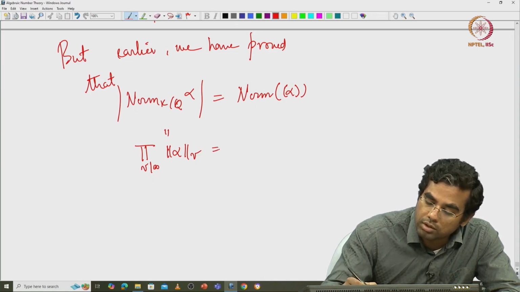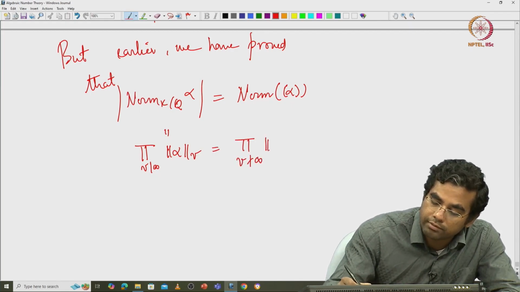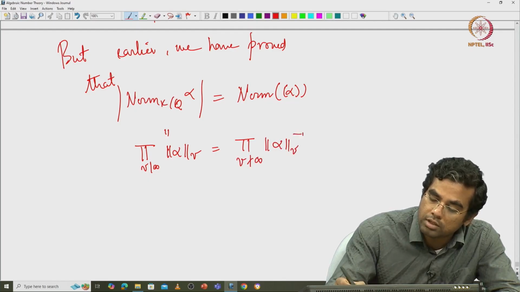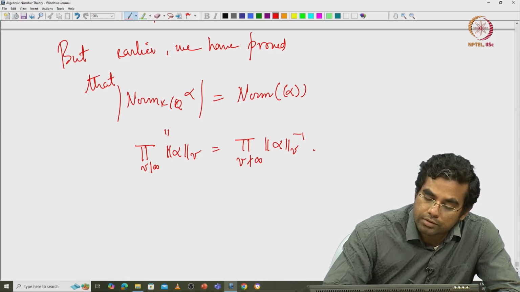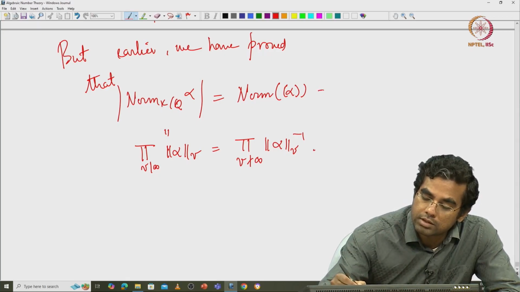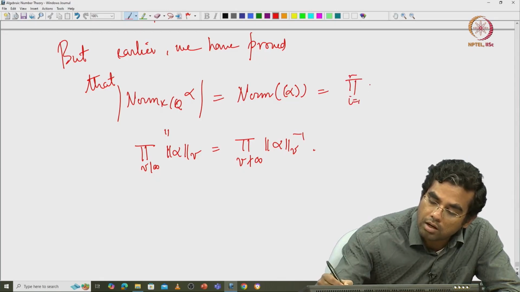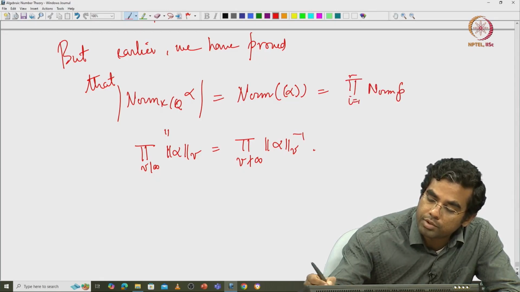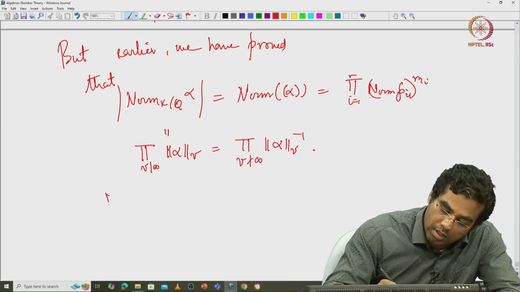This is equal to product V not dividing infinity valuation of V inverse, right. That is what the norm of this thing is. This is product over all I going from 1 to R, norm of Pi to the power Mi, and so that gives me this.